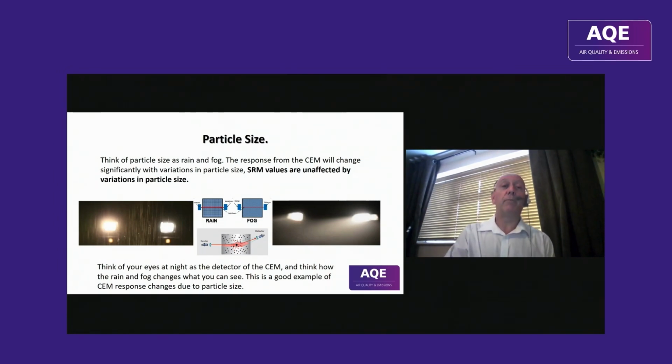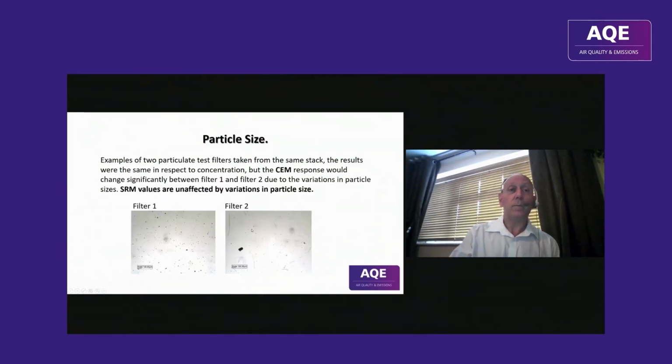I've got a couple of examples of a loss in light optical monitor and a laser scatter monitor, and really think of how their detectors will change the response level compared to particle size, as when you think of rain and fog. Another example of this is taken from filters from the cement process, observed under a microscope.